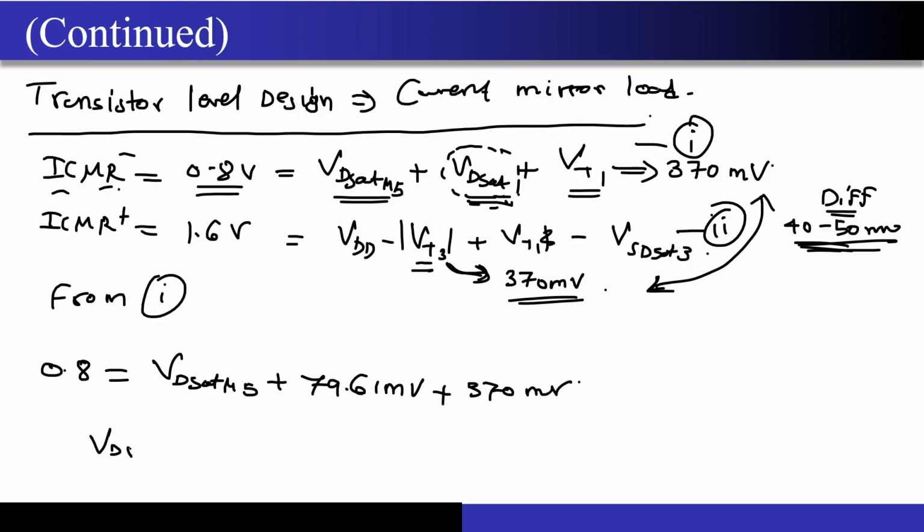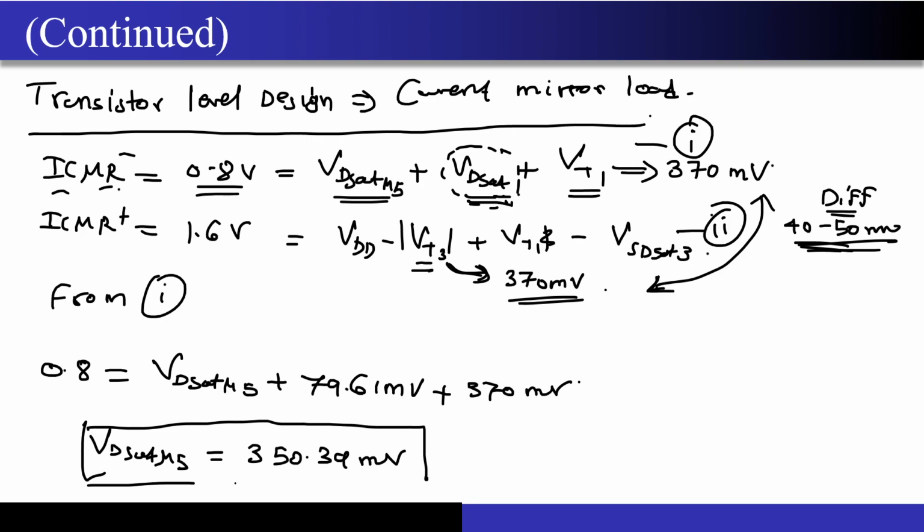So VD sat of M5 comes to around 350.39 millivolt. Remember, this transistor is biased at a current of I0, not I0 by 2, correct?